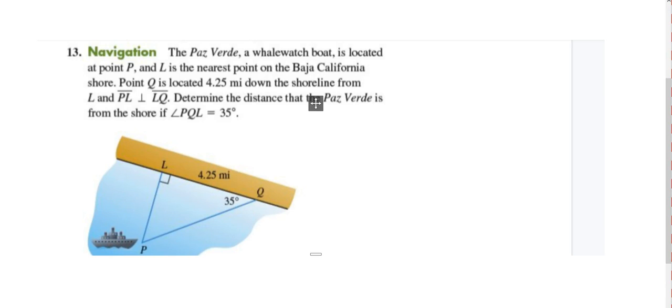Okay, seriously. The patrol boat is located at Point P and is the nearest point on the Baja California shore. Point Q is located 4.25 miles down the shoreline from L. PL is perpendicular to LQ.